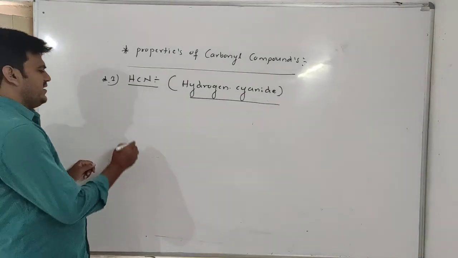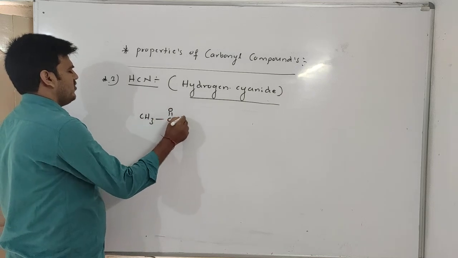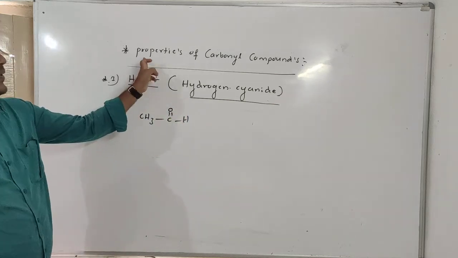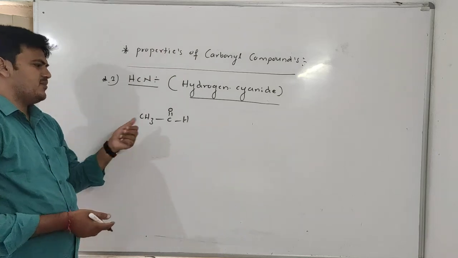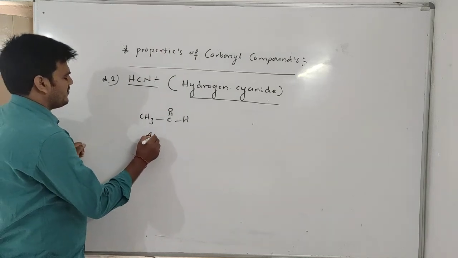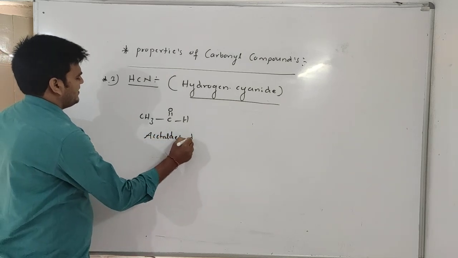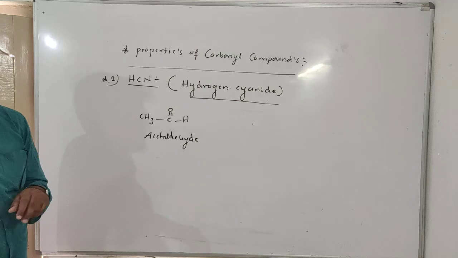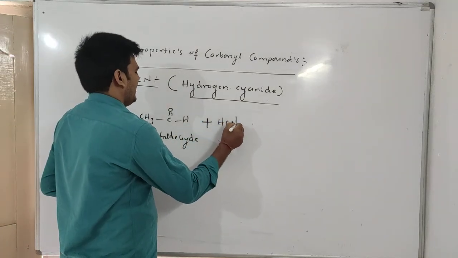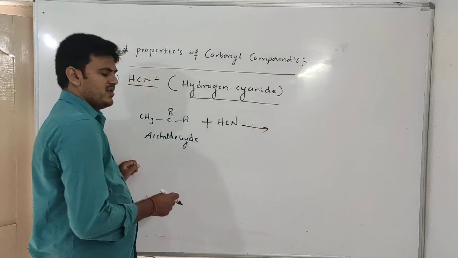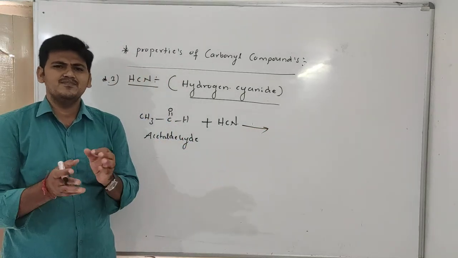First of all, aldehyde, acetaldehyde formula CH3, C double bond O H. Actually heading properties of carbonyl compounds like aldehydes and ketones. For example, acetaldehyde formula CH3, C double bond O H plus hydrogen cyanide formula HCN. So this is one of the addition reactions. Very simple reaction.